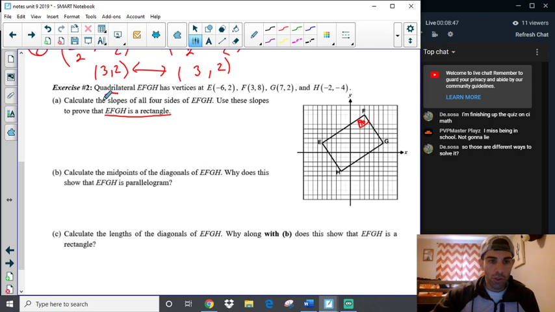Why would we use slopes for a rectangle? Because the slopes would have to be negative reciprocals. So let's see if we can do that. So we have all 4 sides. We have side EF, we have side FG, we have side HG, and we have side EH.